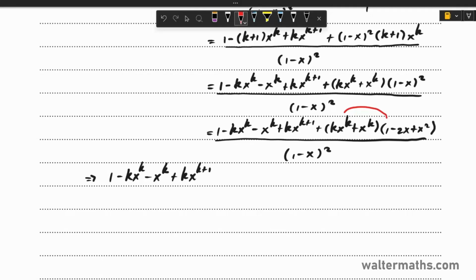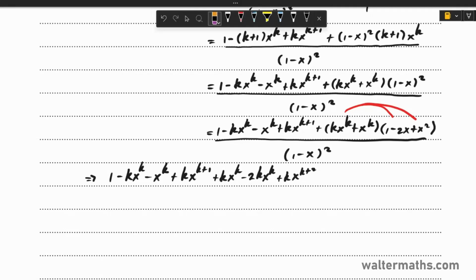So kx to the k times 1 gives kx to the k, also multiplies this term and we get minus 2kx to the k plus 1, also multiplies the last term and we get plus kx to the k plus 2.